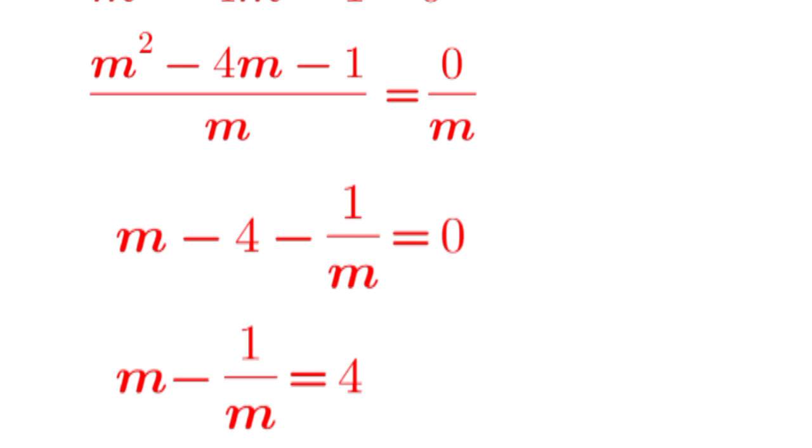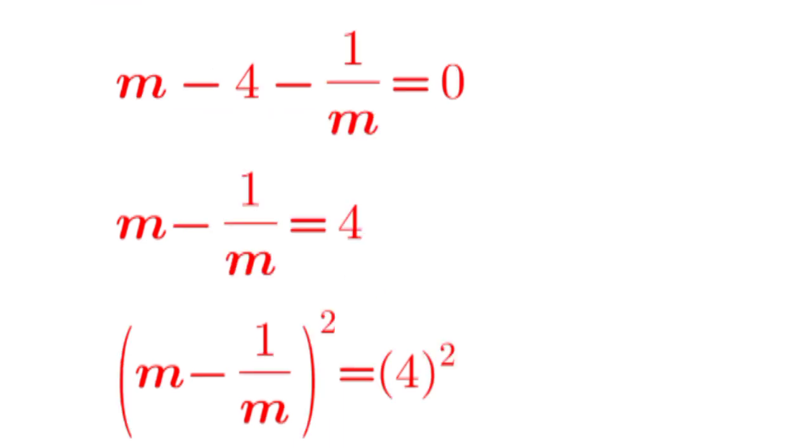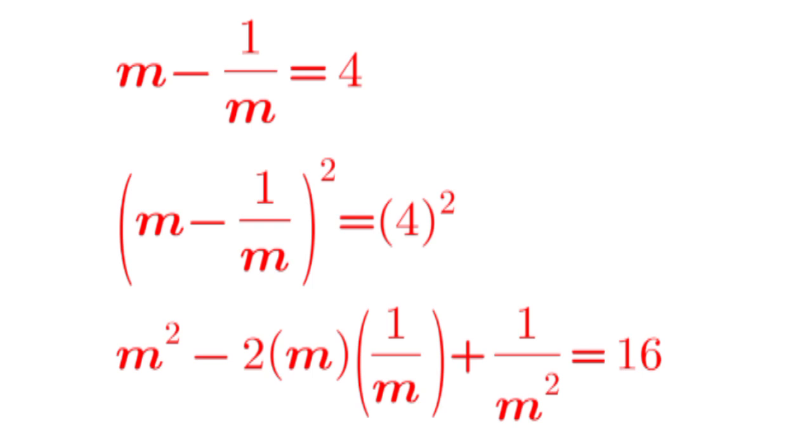Now, the next step we are taking again is to square both sides. So when we square both sides, we have m squared minus 2 bracket m, then multiply by 1 all over m, plus 1 all over m squared is equal to 16. Now, this m here can cancel this m and we're left with just 2.